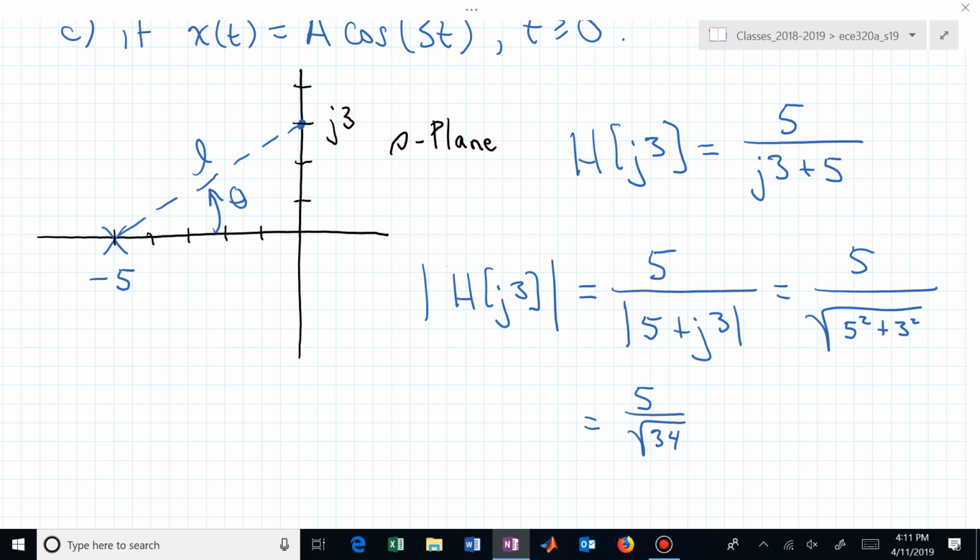And this is how I change the magnitude of the input signal, by this factor. How much my system amplifies or attenuates at a given frequency is determined by its magnitude at that frequency.